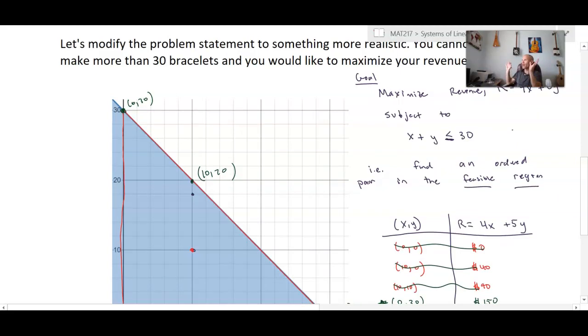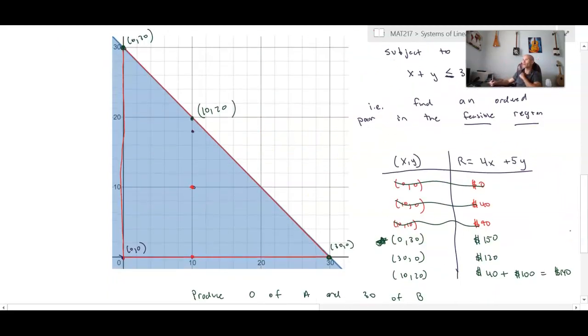So the revenue is the unknown here, and what is known is that we can pick any ordered pair in this shaded region. So this is a linear programming problem. You can see that our constraints are, well, you can't go beyond this point, but try to find a point that will give you the biggest possible, in this case, revenue.